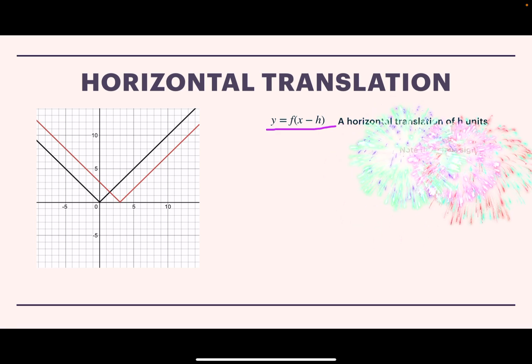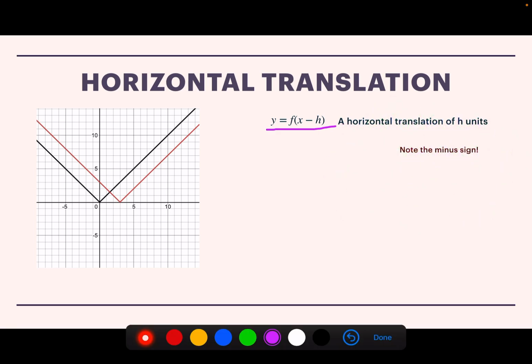Specifically, remember, you have to pay attention to a minus sign here. What I mean is this. In here, my red function is y equals absolute value of x minus 3. I know that's a minus, and I know that means this is a horizontal translation of 3 units to the right.